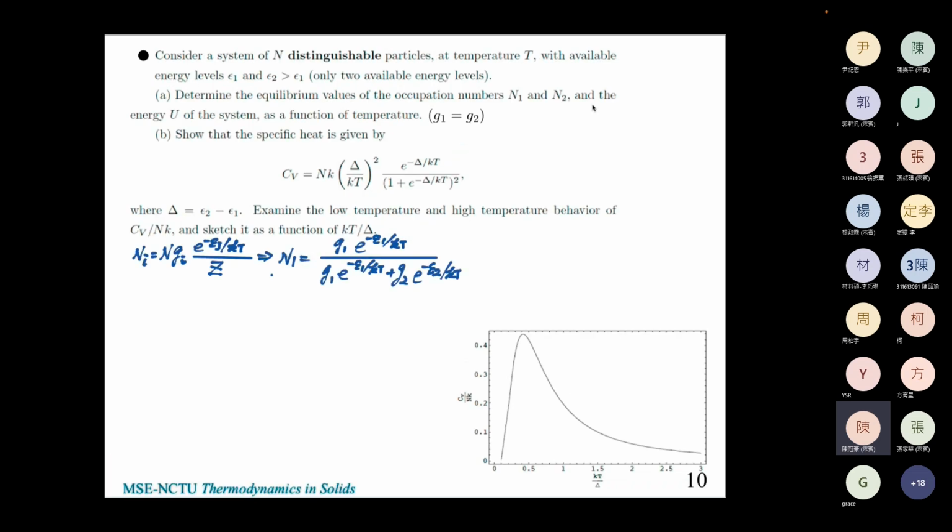Okay, and you can see that g_1, g_2 are the same, so they can cancel each other. But this is N_1.